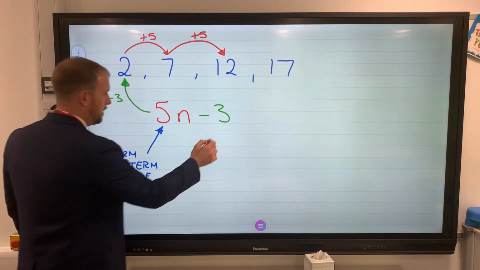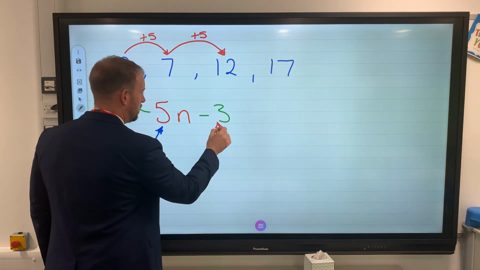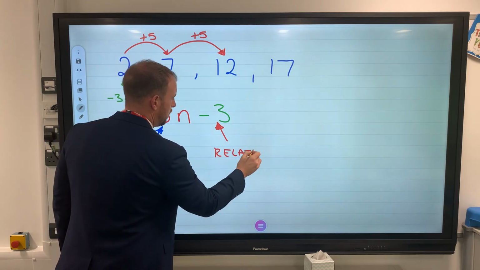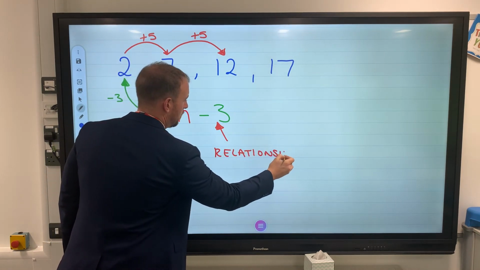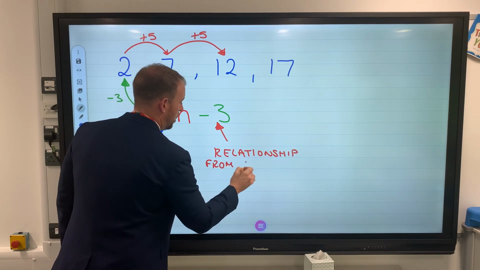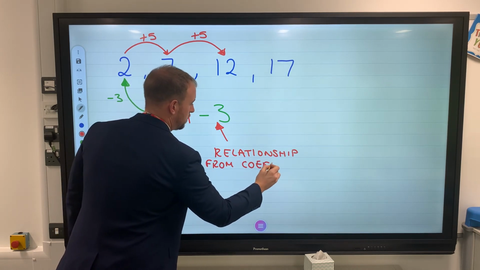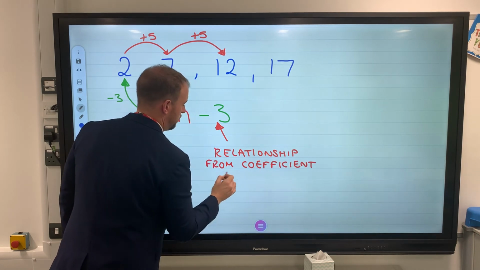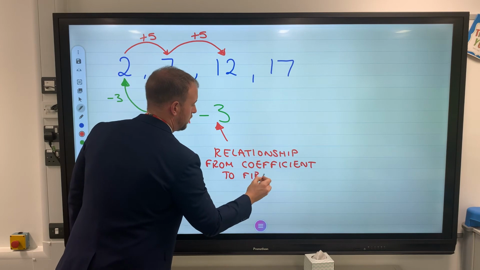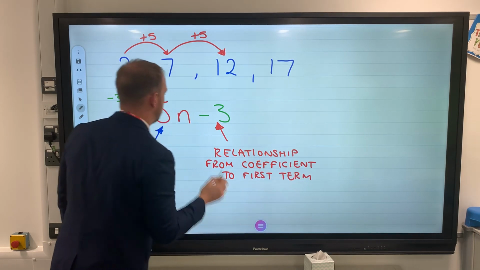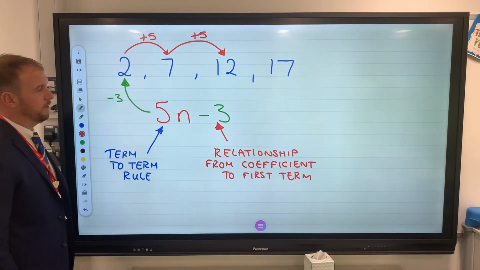So then this part is the relationship from coefficient to first term. You can see where it's coming from there.